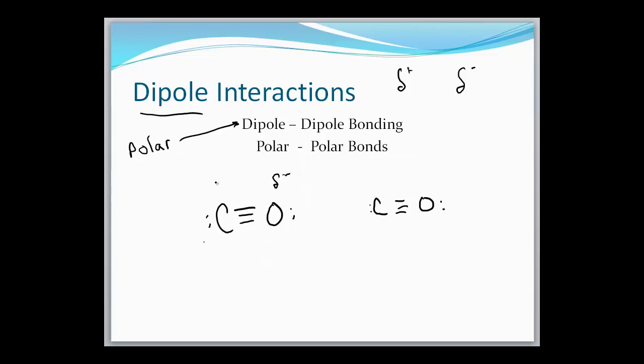That side is going to be partially negative, partially positive. So it's the interaction between the negative side and the positive side. So when you have polar molecules in a system, the interactions between those molecules are what we call dipole interactions. And again, that's an intermolecular force.